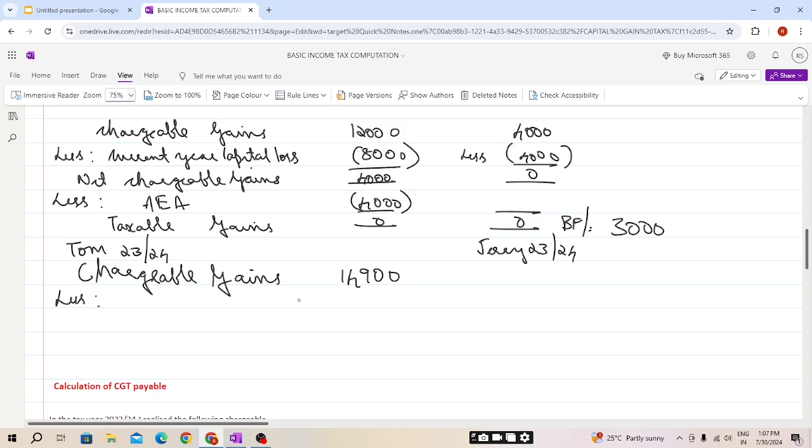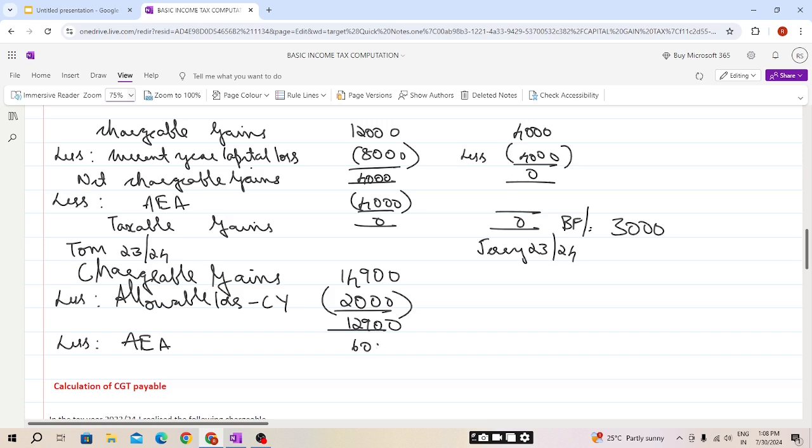Now Finance Act 23. So less allowable loss current year. So it was 2000. So this will be, students, 12,900 less trade loss set off relief, no. Less AEA, yes, we can claim AEA 6,000.